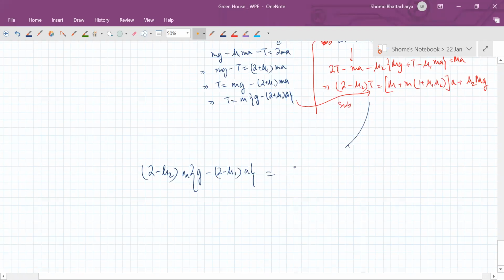On the other side, we have capital M plus small m into (1 plus mu1 mu2) A plus mu2 capital Mg. So we'll just separate out these terms a little bit.